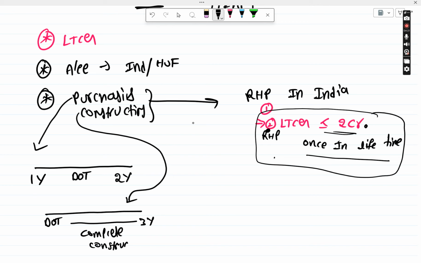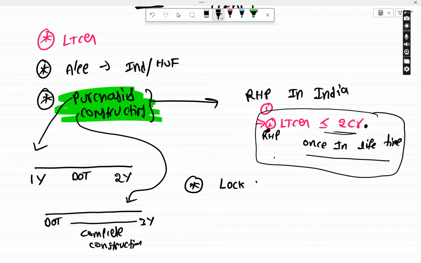If all these conditions are satisfied, then you can claim the exemption of whatever money you are spending on purchasing or constructing the new residential house. But there is a lock-in period here after claiming the exemption.